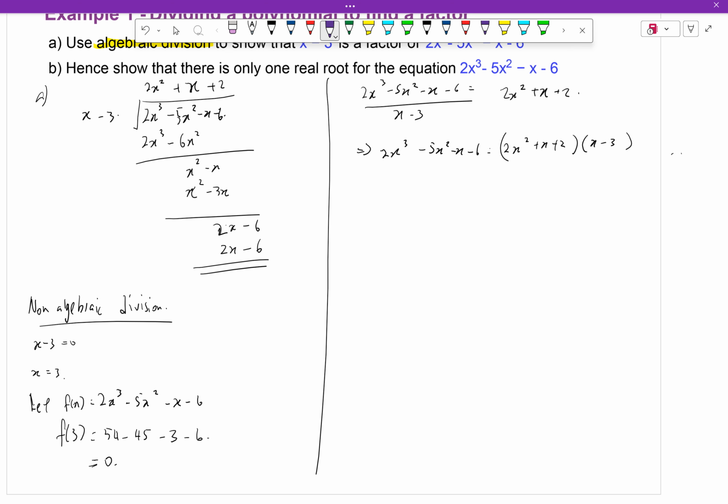Now let's try to check the discriminant. So it should be 1 minus 4 times 4. So that is lower than 0. So therefore, no real roots. Therefore, x equals 3. So that's what we want to do. Done.